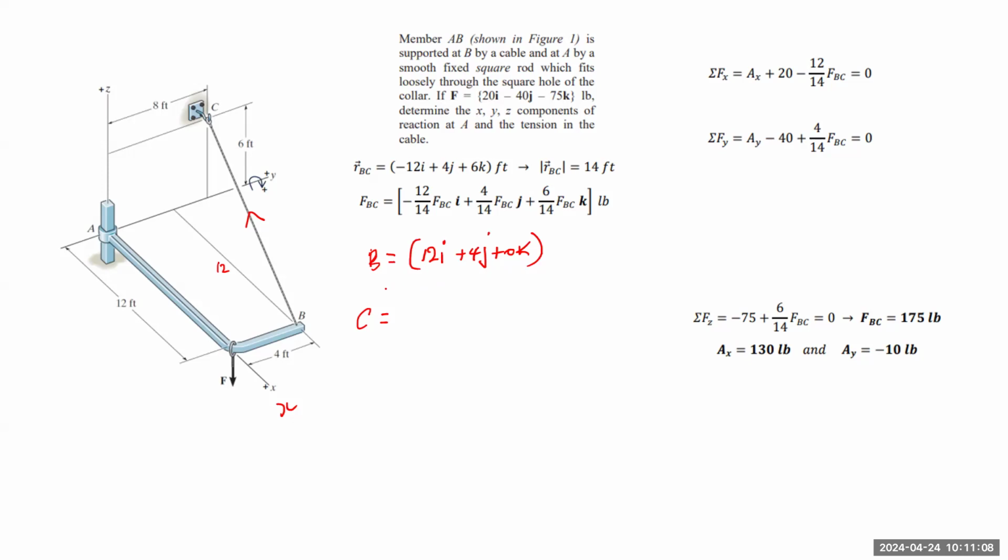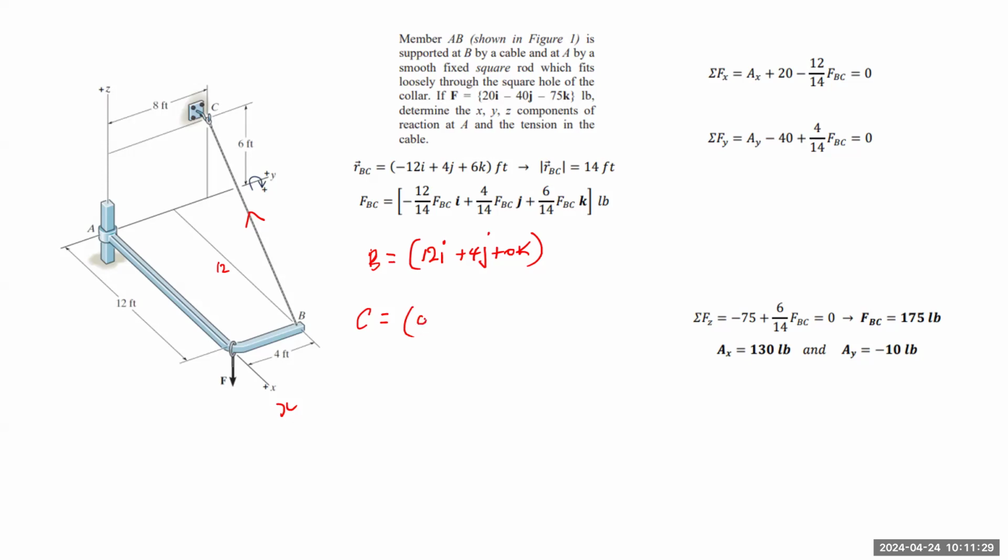All right. And the next one for C, you have what now? You look across here, you see in the Y you have 8, but what is the X? Do we have an X component for C? No. Good, there's no X component.